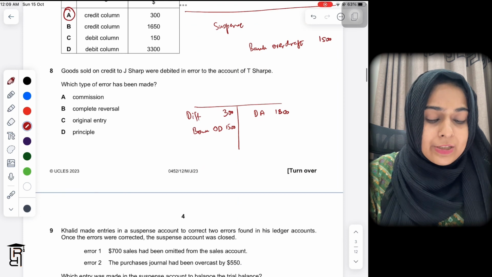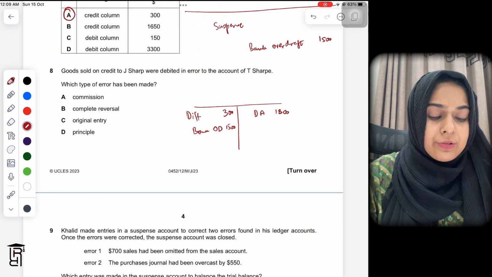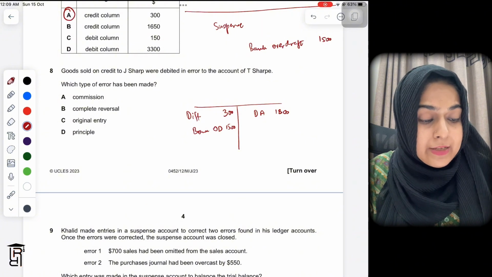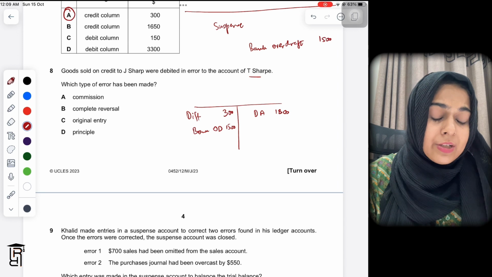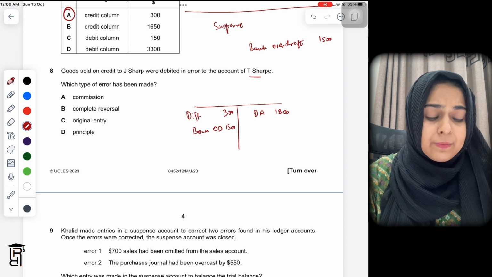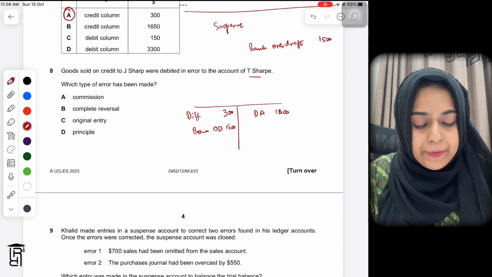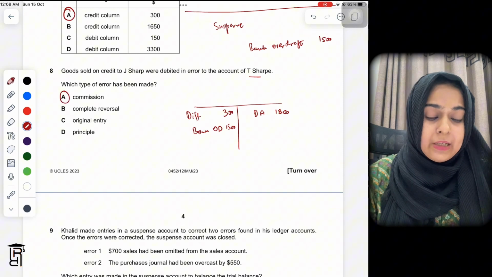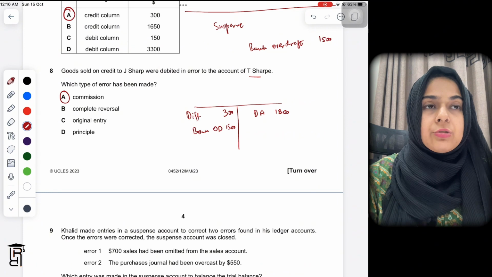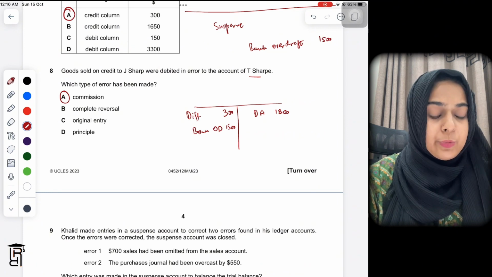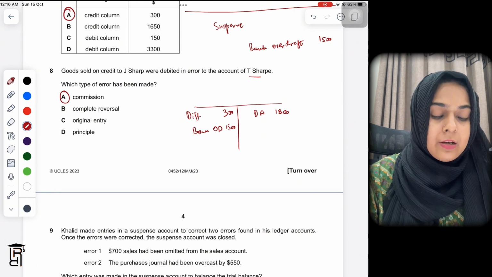Okay, question number 8 says goods sold on credit to J Sharp were debited in error in the account of T Sharp. If you know each and every error that does not affect the trial balance, this is basically the error of commission. Why? Because when you sold goods on credit to J Sharp, you should do J Sharp debit, sales credit, but you did T Sharp debit, sales credit.